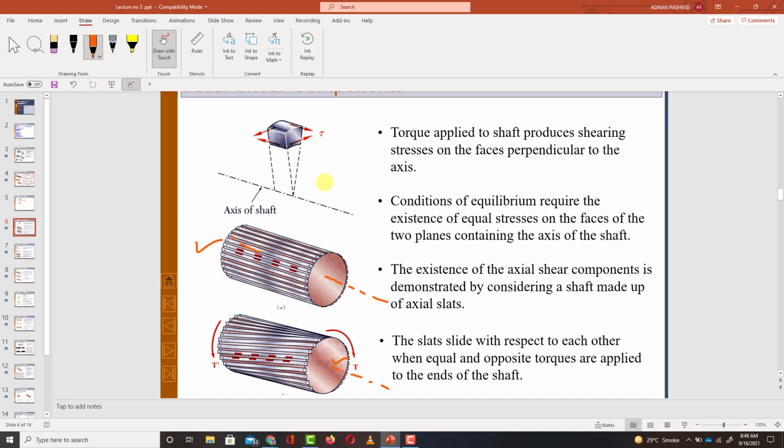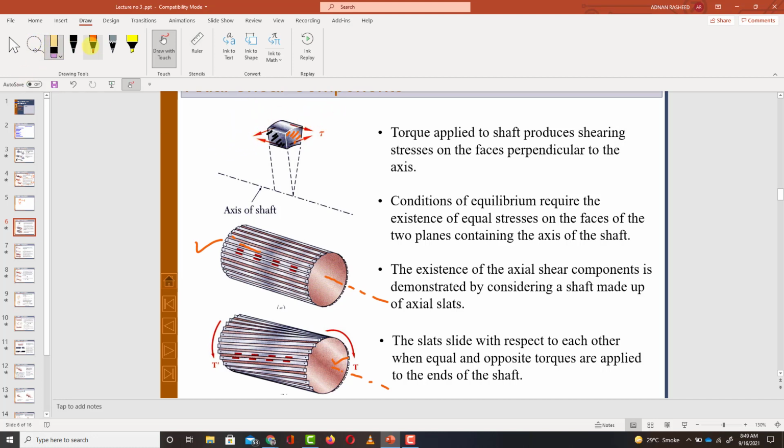This portion has faces. This is face 1, the back face is 2, this is 3, and this is 4. All are the faces of this portion of the shaft.